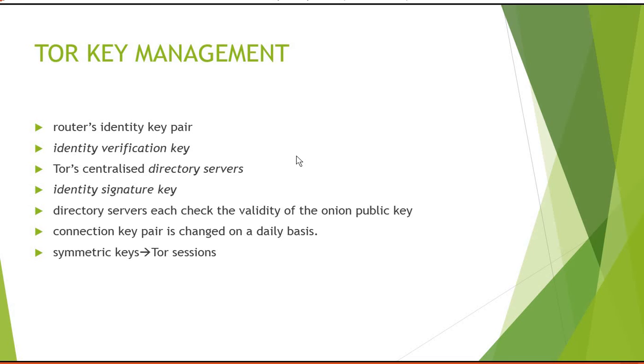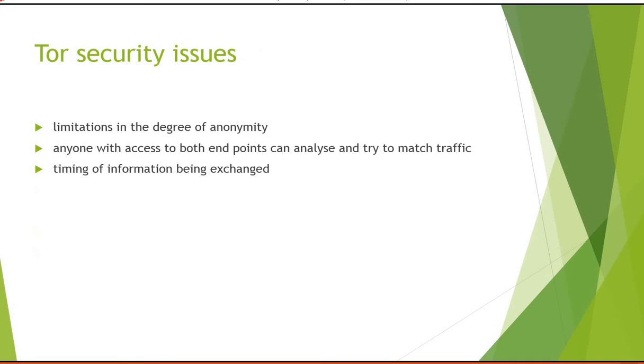Whenever they sign their data for authentication purposes, their key details will be referred from the directory servers. For every session in Tor, the symmetric keys will be newly generated. It's not a long-term key.